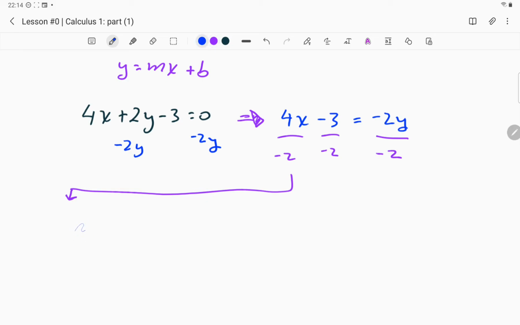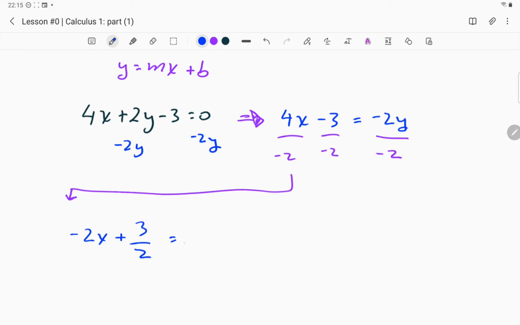simplify it, it's going to be negative 2x, plus what? Plus 3 over 2. I'm just going fast over it, not trying to explain much.